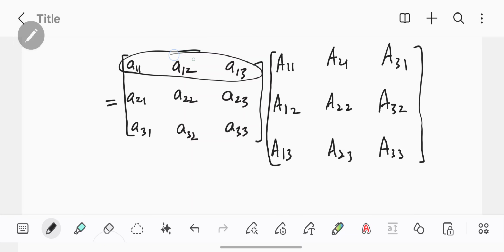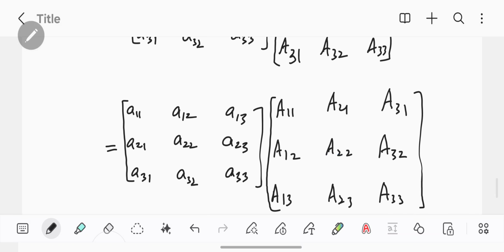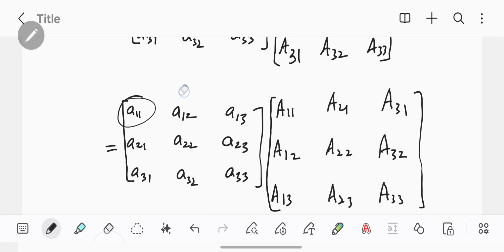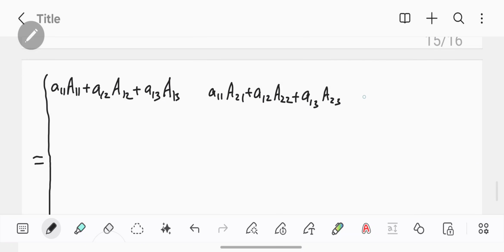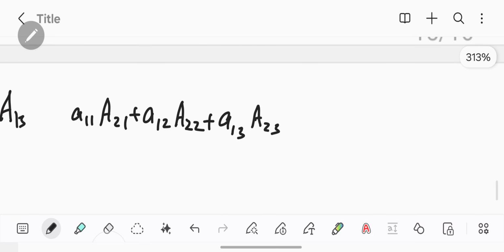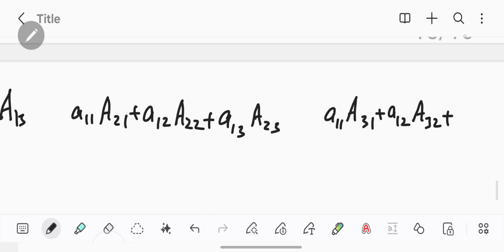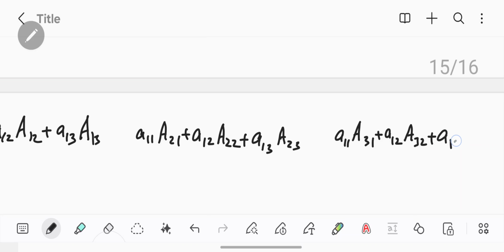Then I multiply this row with the last column: A11 A31, A12 A32, A13 A33. So I will write A11 A31 plus A12 A32 plus A13 A33.